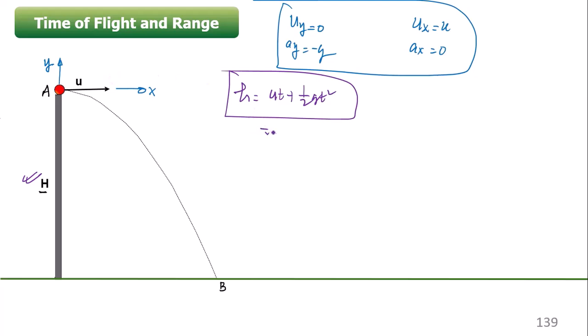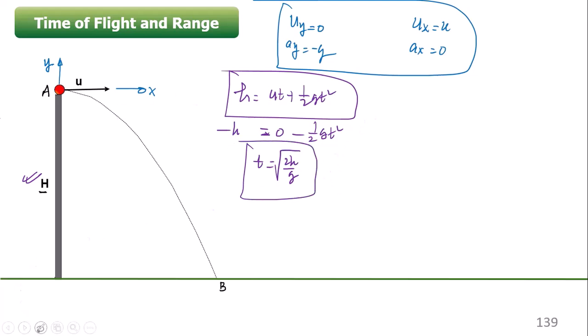Here u is 0, and h is negative because I am measuring the displacement from point A, so I am moving downward. And g is always negative, so minus half gt square. That gives t equals under root of 2h by g. This is the time inside which the particle will fall on the ground.